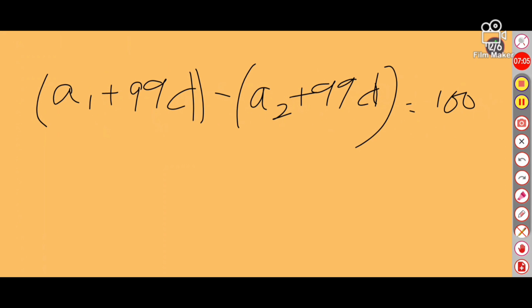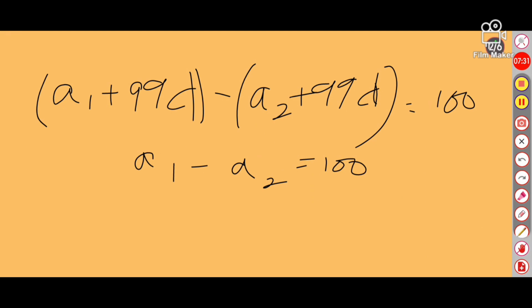I represent that as a1 and a2. So a1 plus 99d minus a2 plus 99d is equal to 100 is what the first half is dealing about. Upon cancelling, 99d minus 99d is 0. So a1 minus a2 is equal to 100. The difference of the first terms of the two APs will give you 100, right?